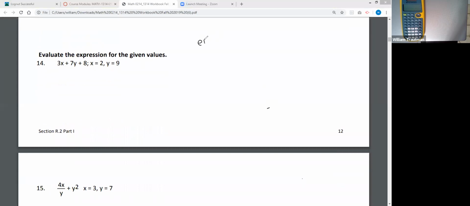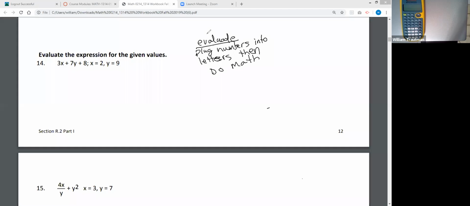So evaluate means plug numbers into letters, then do the math. That's exactly what it means.